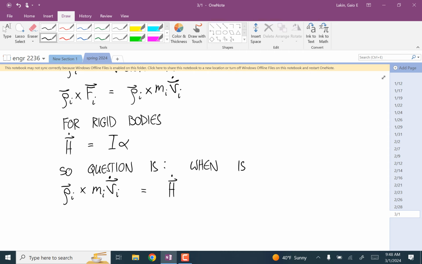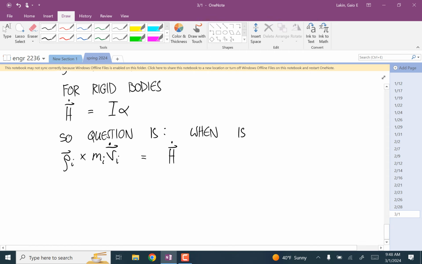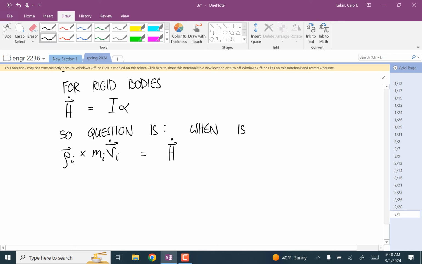That's what this question comes down to. This is the definition of the angular momentum.